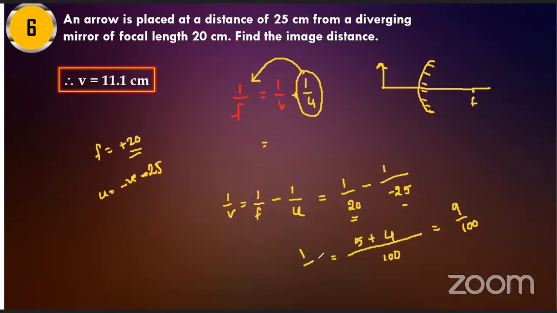That is 1 by V. Then the V value is 100 by 9.